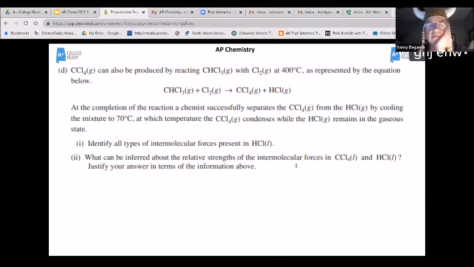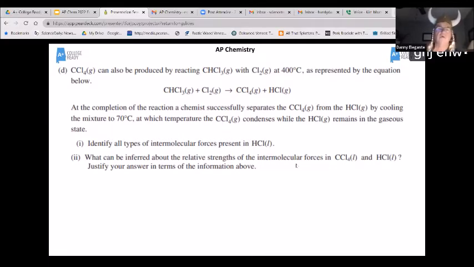We separate the CCl4 from the HCl by cooling it to 70 degrees. So we started at 400, we cooled it to 70, at which temperature the CCl4 condenses. Condensing is a gas turning to a liquid. So CCl4 turns to a liquid and the HCl is still a gas.